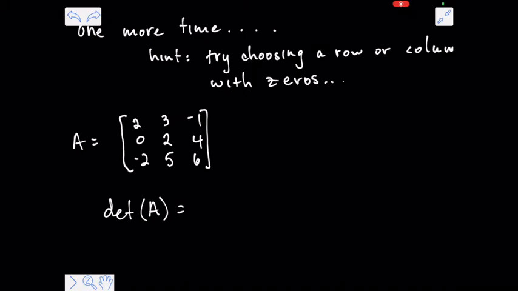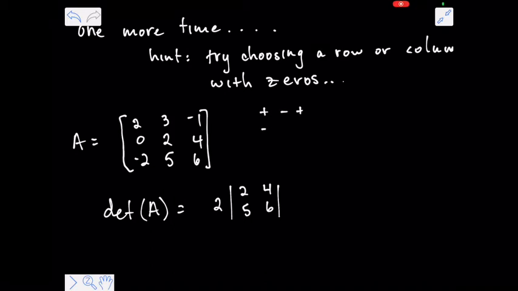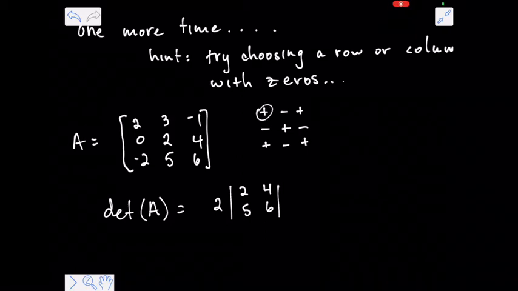So if I'm going to expand down that first column, I'm going to cross out row 1, column 1, which would mean I've got 2 multiplied by the minor matrix, or the minor 2, 4, 5, 6. And since it's in that first spot, I multiply it by positive 1, so it stays positive 2.